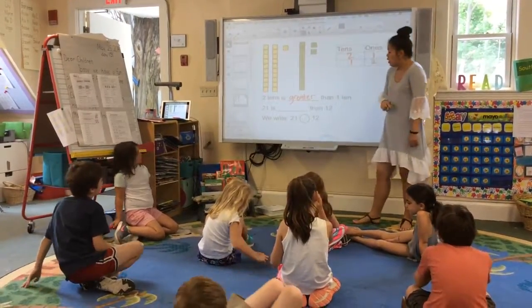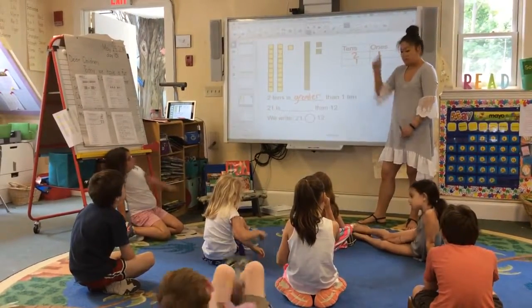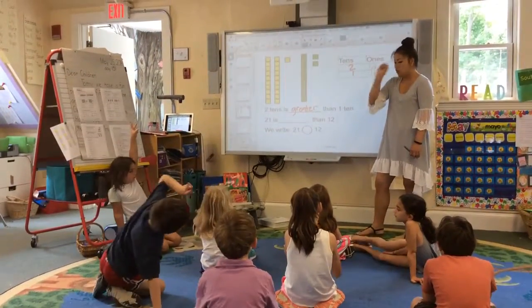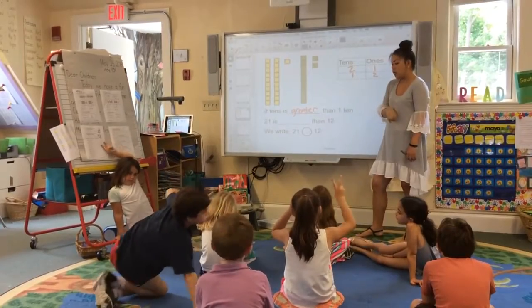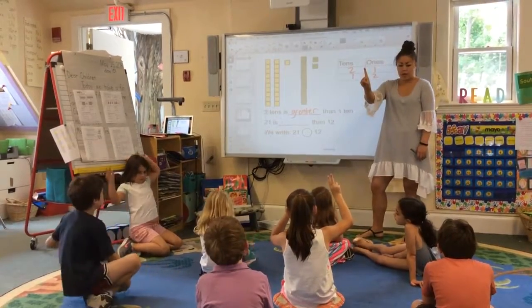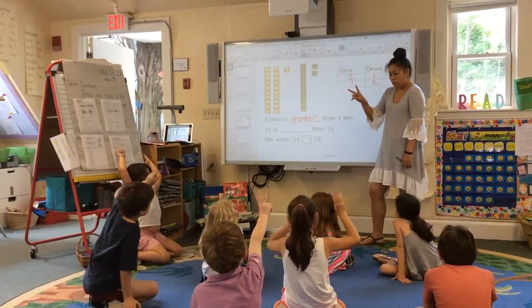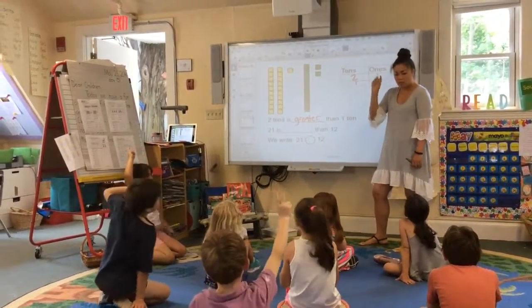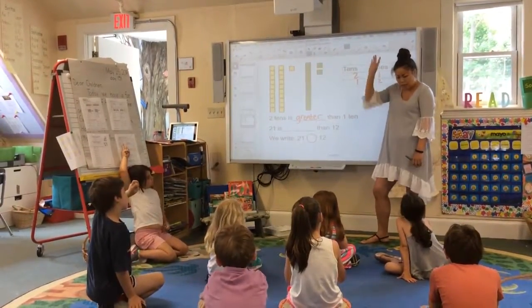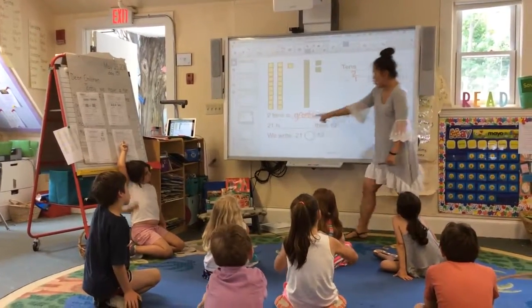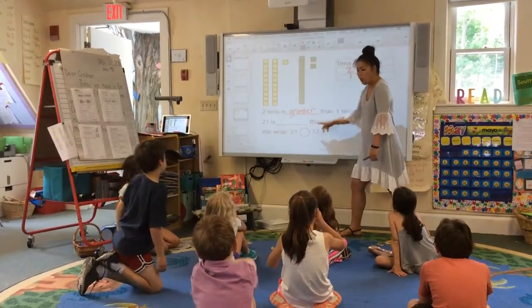Greater than 1 ten. 21 is greater than or less than 12? Interesting. I'm seeing some ones and some twos. Can someone defend their answer why they think that 21 is either greater than or less than 12?